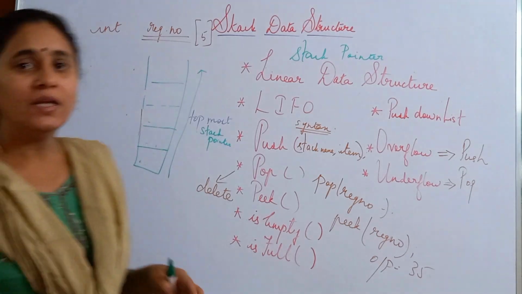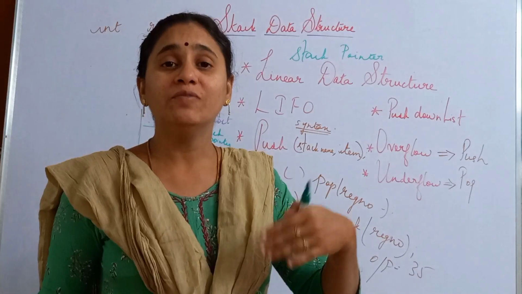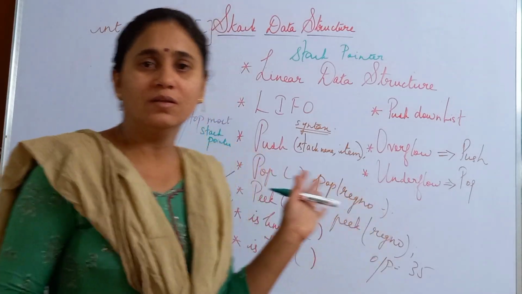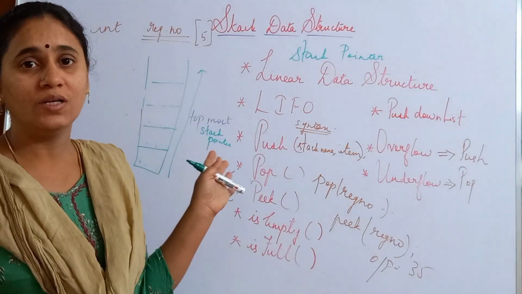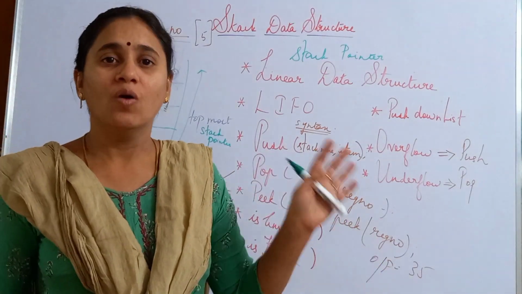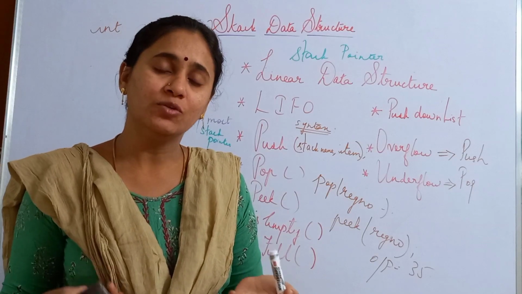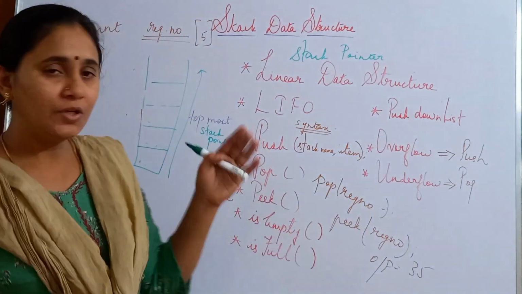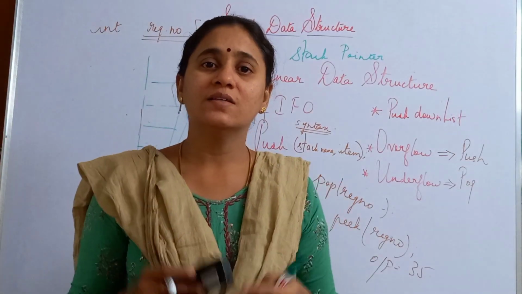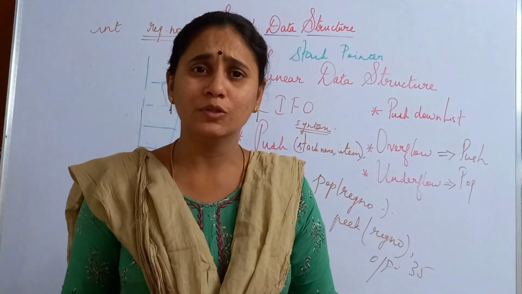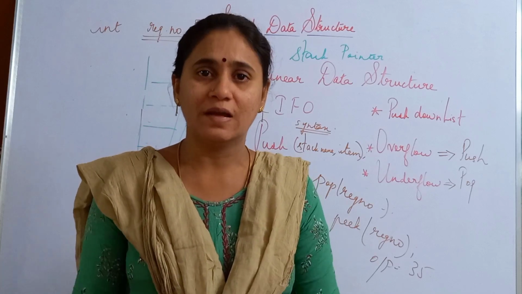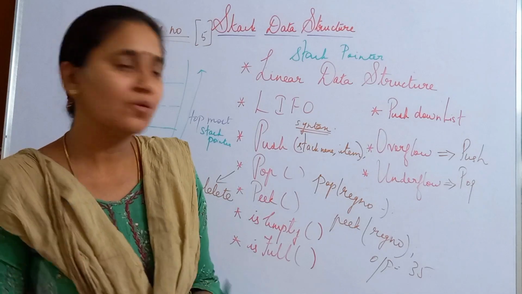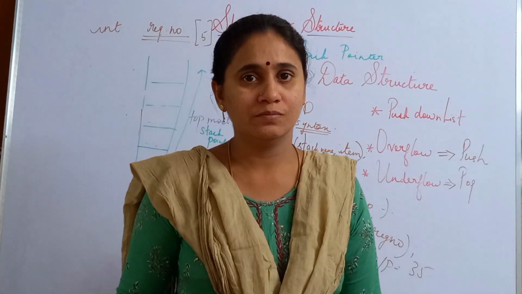After deleting all the successive elements, if I attempt to delete still more, is there any chance? No, there is no chance because the stack is already empty. How can I delete? So the system will inform that the stack is empty and you cannot pop the elements hereafter. This type of checking is called underflow.